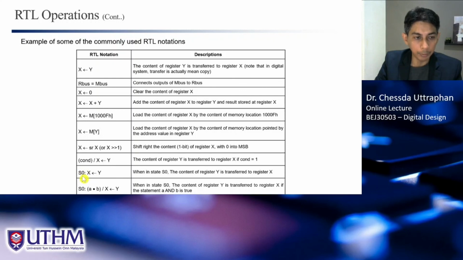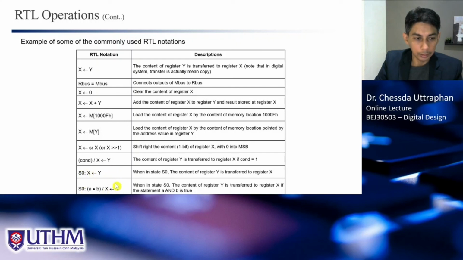So the state can be any state, can be any name. This is only an example as S0. You can have S1, you can have state A or any name that you want, and also any operation. But this is an example of, for example, in state S0, you want to transfer the content of Y into the content of X. So this is how you write it, right?